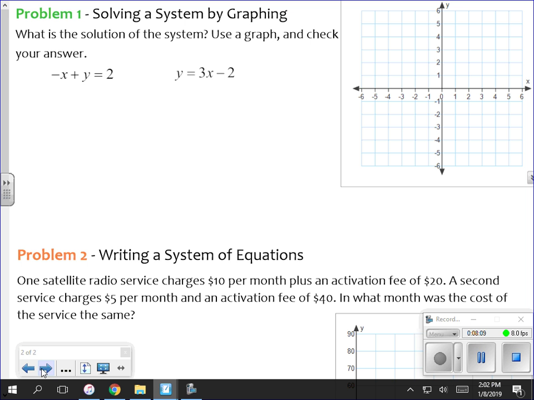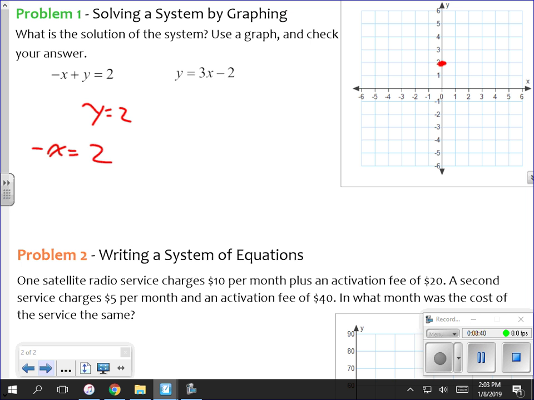Graphing this first line, what I would do is I would use x and y intercepts. If I let x be 0, I get y, not x equals 2. I get y equals 2. When x is 0, I get y equals 2. That's my y-intercept. When I let y equal 0, I get negative x equals 2.